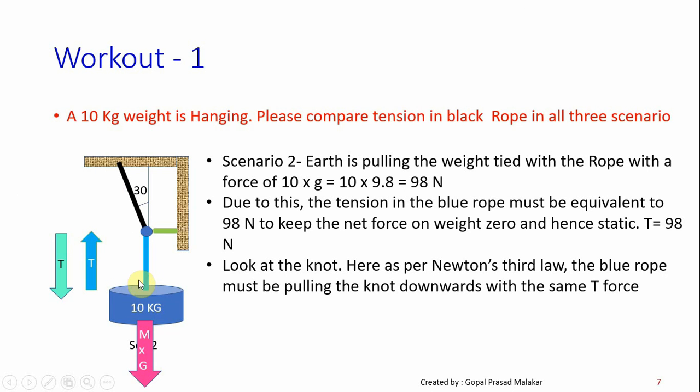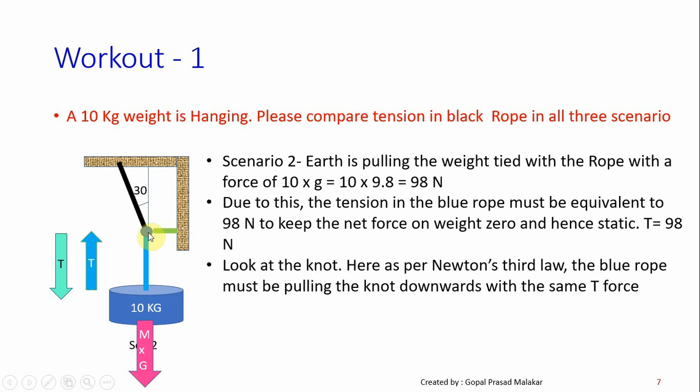This 10 kg object, gravitational pull is pulling this 10 kg weight by 98, which obviously this cable is pulling that much, and because this weight is pulling this one, it will pull this particular rope downward here. So in a way, this 10 kg weight's force is getting transferred to this knot, and it is pulling this knot downwards by 98 Newton.